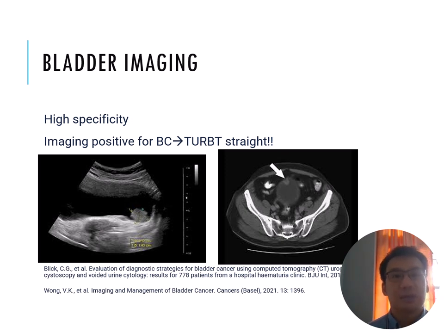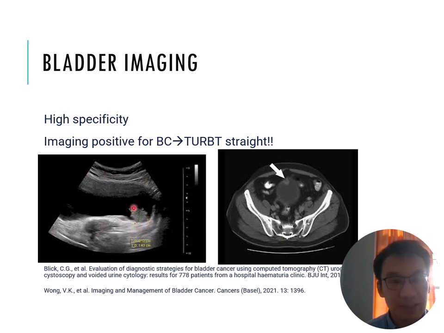The definitive diagnostic modality for bladder cancer is bladder imaging. It has a high specificity. If the imaging is positive for bladder cancer, you can subject the patient to TURBT straight away. As you can see, this is an ultrasound image of the bladder cancer, right?